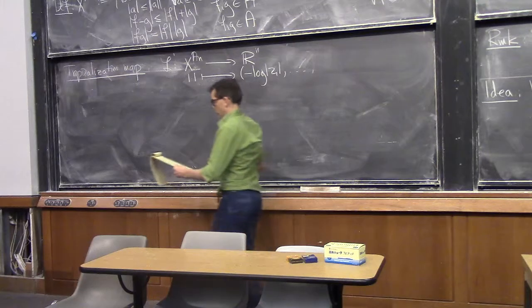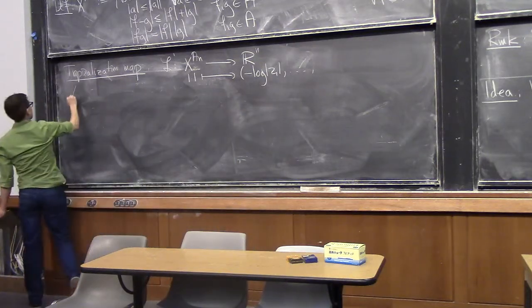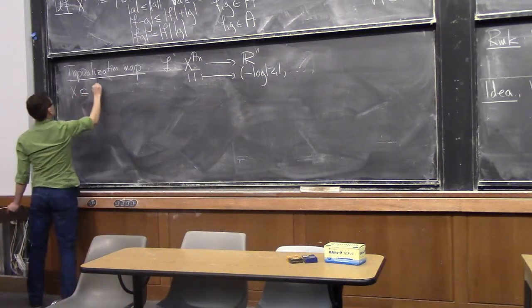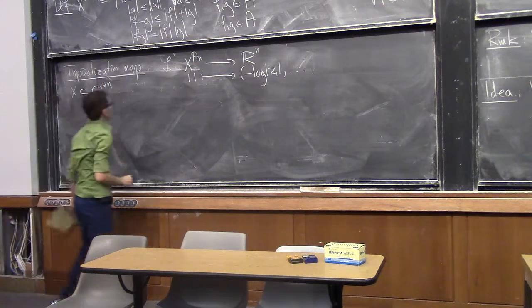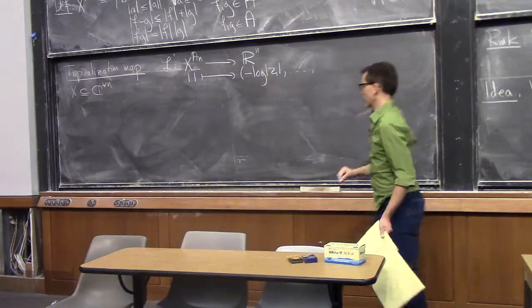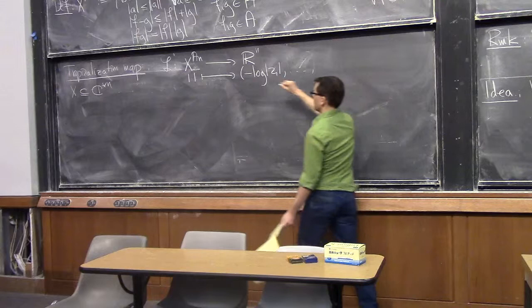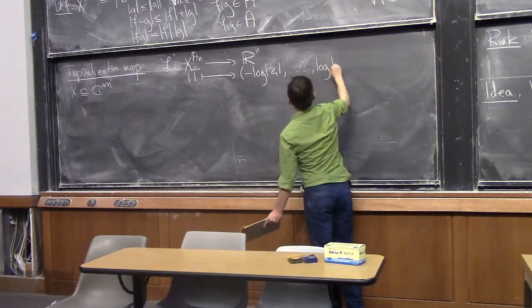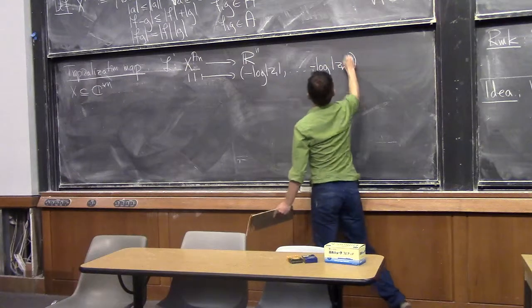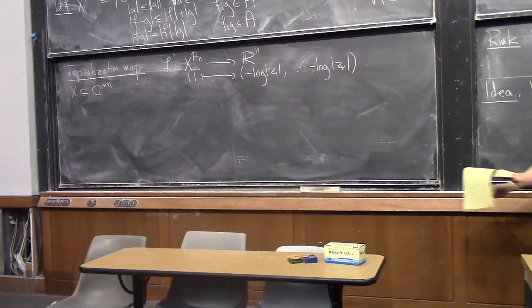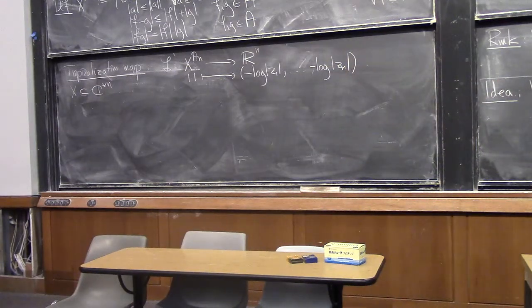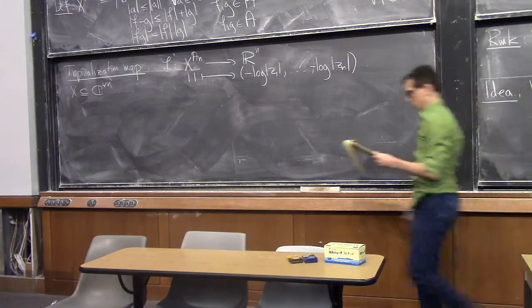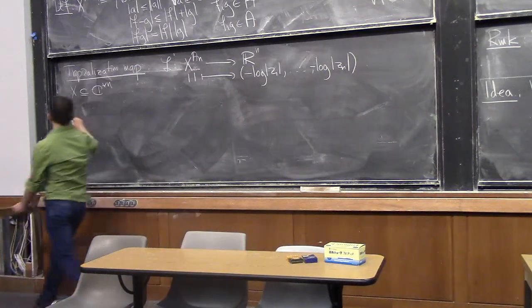Right, so now I'm assuming that X lies inside (C^*)^d, so I have the coordinates Z1 through Zn. So it's the same map in some sense. So this is kind of general.